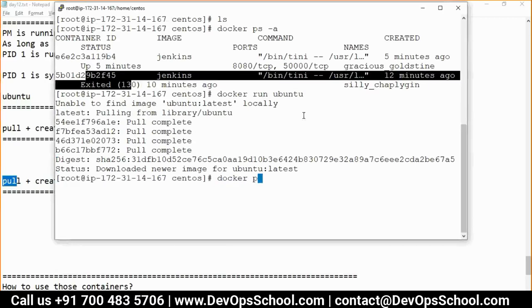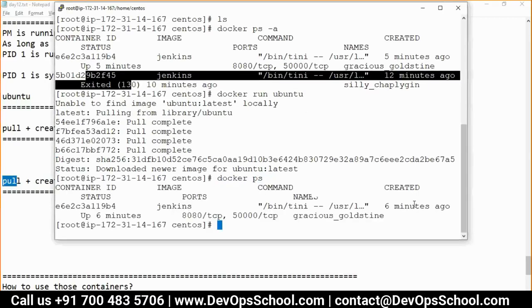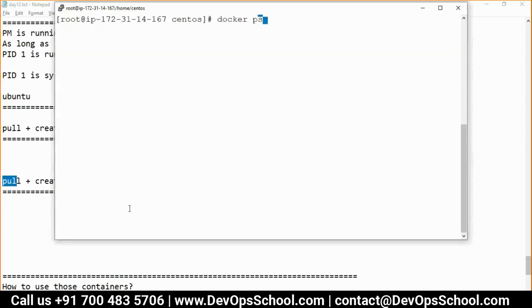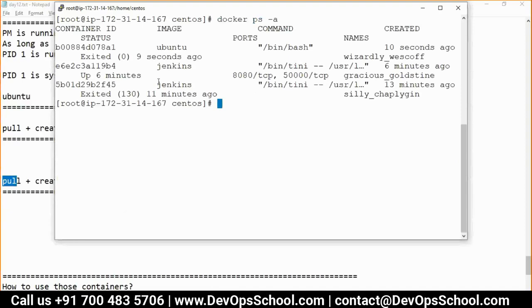See here, docker ps, it's not running. Where is it gone? Docker ps -a. See, exited. How come? Here you see PID 1 is bin bash.